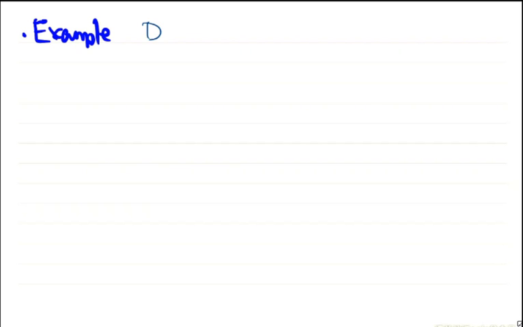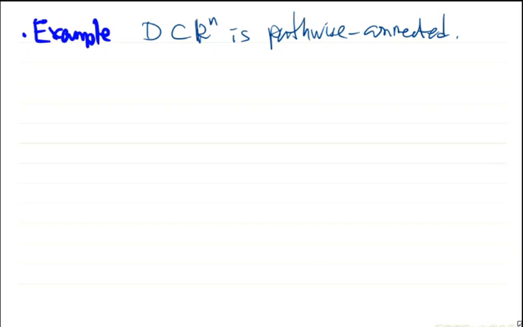Suppose D is a subset of R^n which is pathwise connected, and f is a continuous function defined on D. Then we have the subset in n plus 1 dimension, the graph of f.